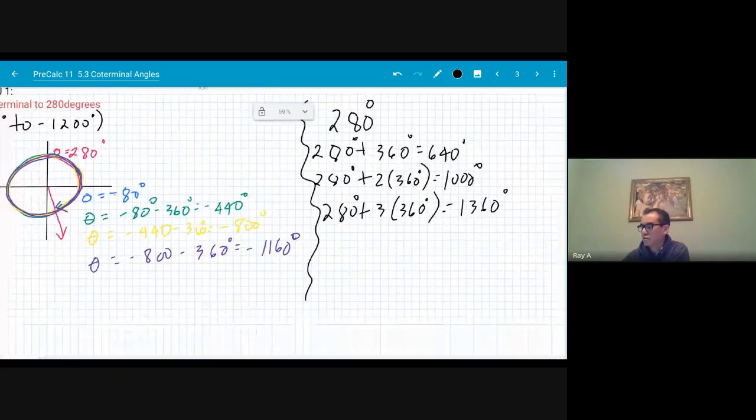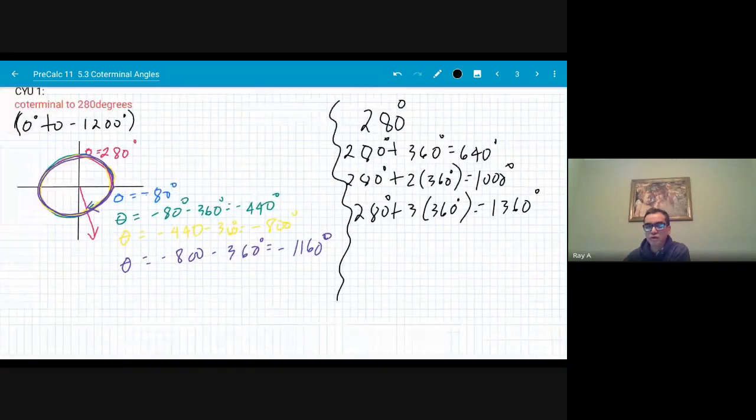Do you notice that what I'm doing is just adding 360 every time, or multiples of 360? Really, think about adding negative 360 instead, which is what happened when we got the negative coterminal angles.